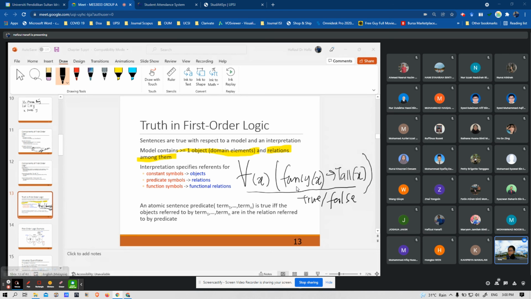For example, for fancy, it is false because we don't know the domain of discourse.